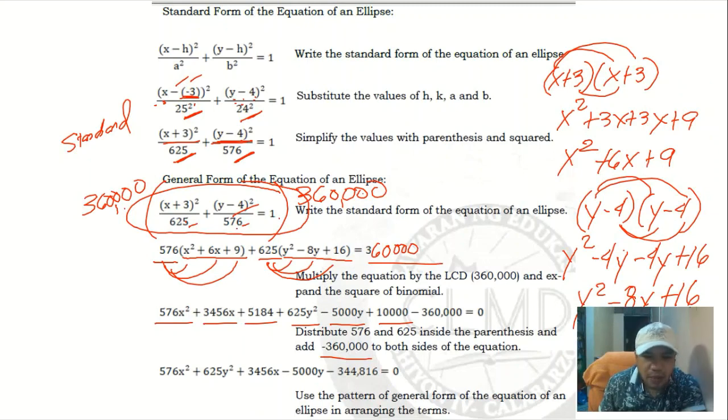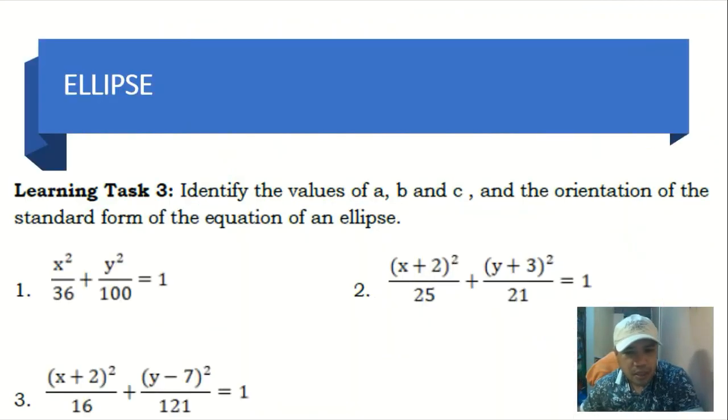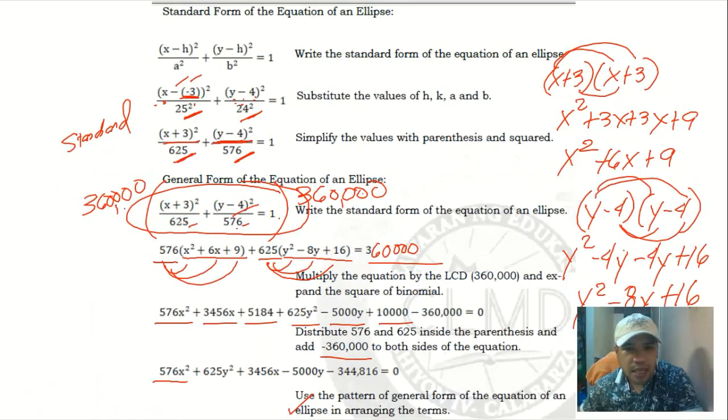Then, simplify. Then, sundan natin yung pattern ng general form. Kaya, 576x squared plus 625y squared plus 3,456x minus 5,000y minus 344,860 is equal to 0. And that is the last example.